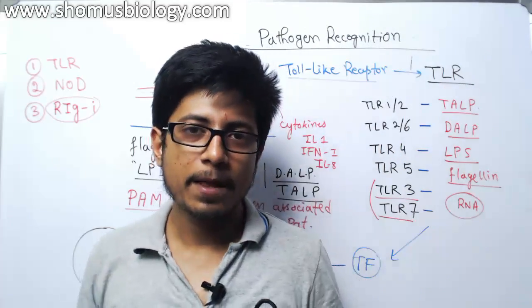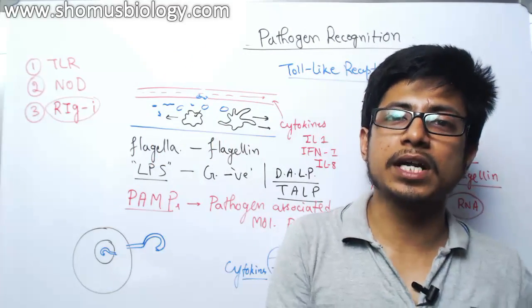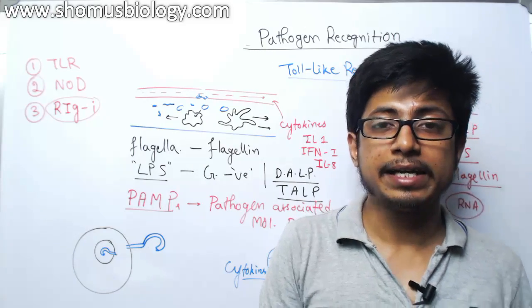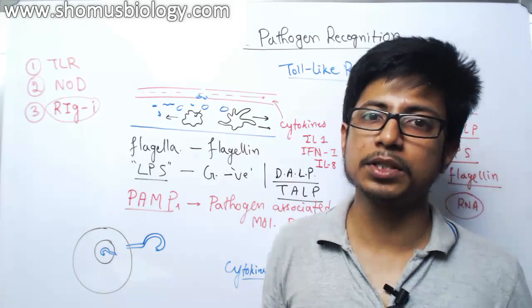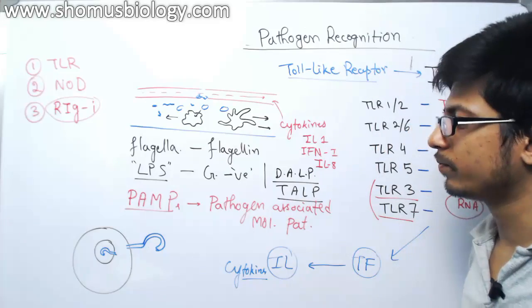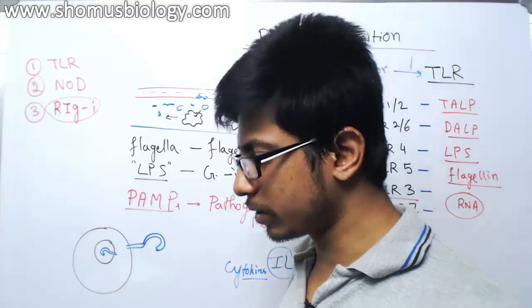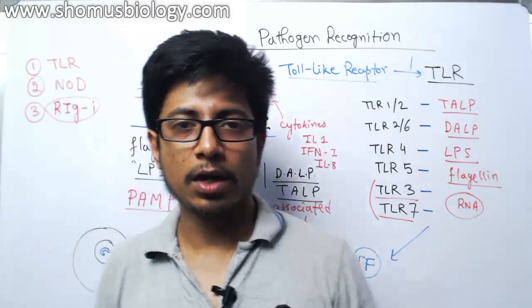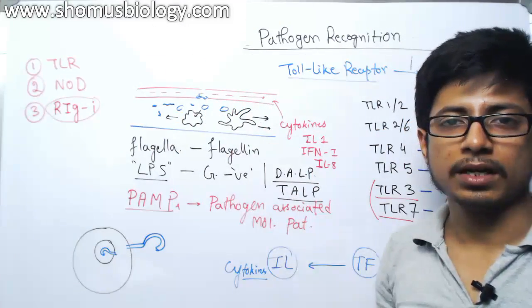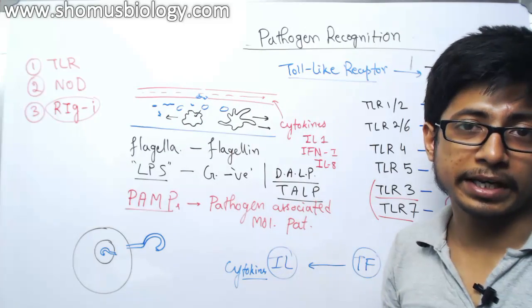Or RIG will ultimately help in the activation or overexpression of interferon type 1. Once it starts producing interferon type 1 as a cytokine, that cytokine helps to bring more and more macrophages and dendritic cells to the place, and it also helps bring the leukocytes from the vessel to the infected area of the tissue.